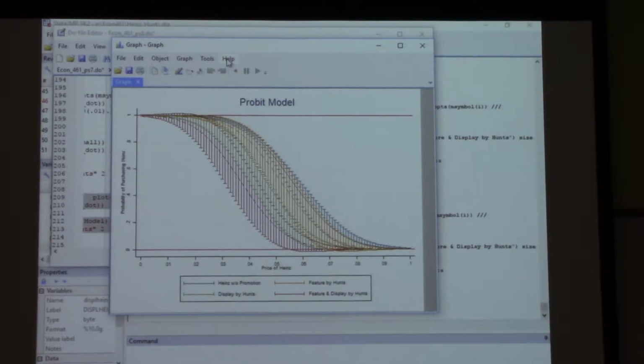Well, we weren't as confident in the effects of Heinz. These confidence intervals are much smaller, much tighter, and we probably have a lot more confidence. We can say a lot more confidently that Hunts's promotional effects are detrimental to Heinz than we can say Heinz's promotional effects were positive in increasing their probability.